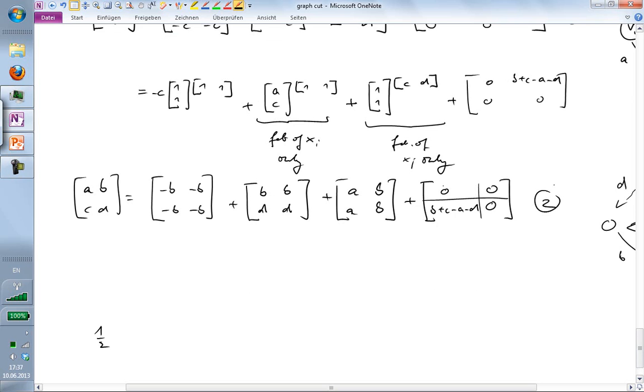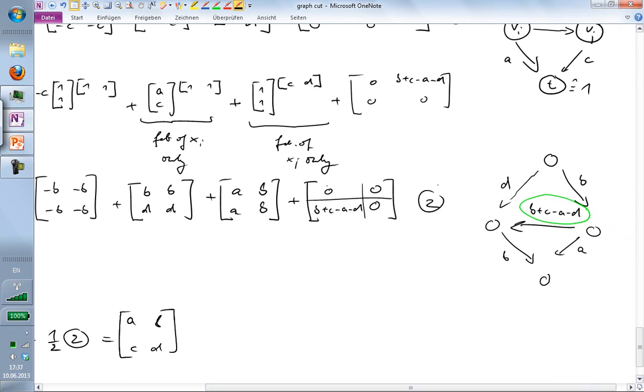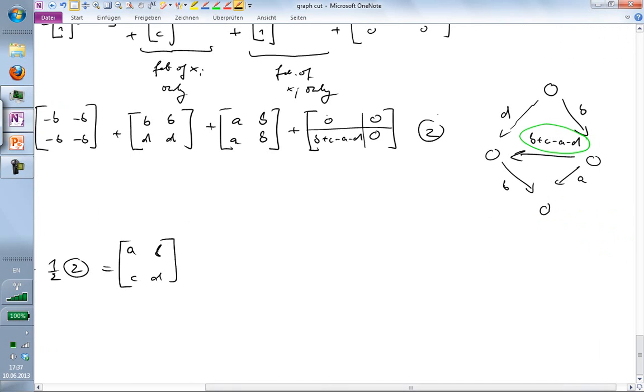So you can take 1/2 of decomposition 1 plus 1/2 of decomposition 2, which still gives you, of course, A, B, C, D. You also add up these graphs with the corresponding capacities multiplied by 1/2, and that finally gives you a symmetric graph. However, this symmetric graph has more edges. So I'm just showing the graph without giving the actual capacities.